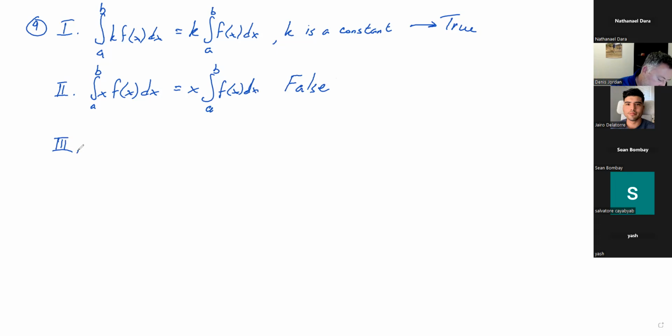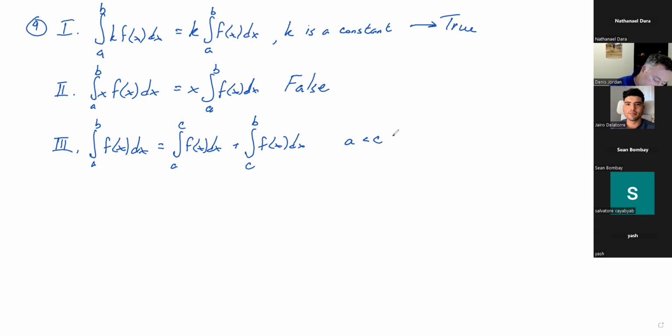Choice number 3. Looks like we're trying to split the integral up. So from A to C, plus from C to B, where C is in between A and B. So are you allowed to bust apart a definite integral like that?